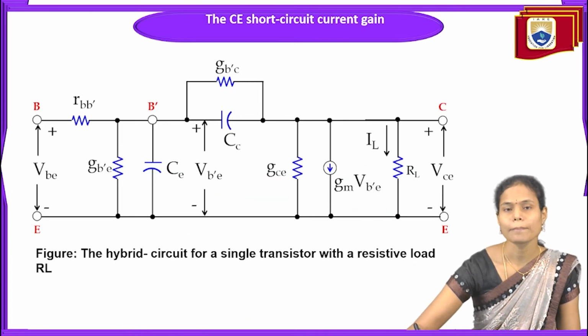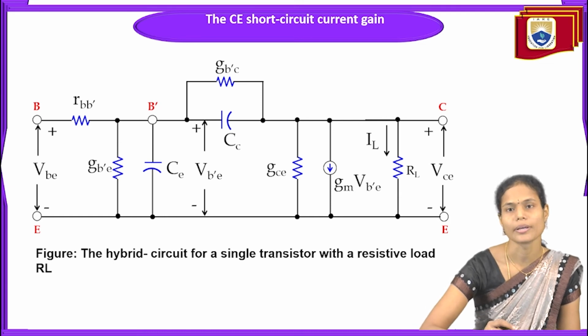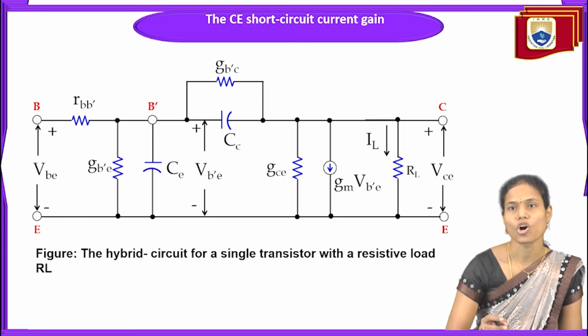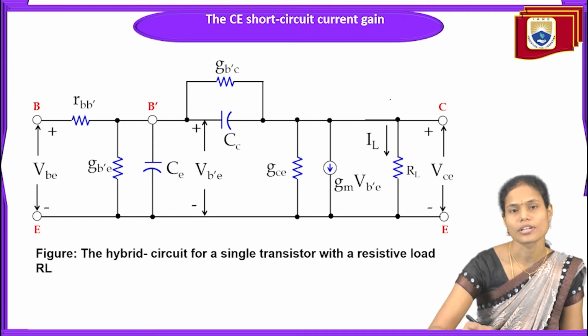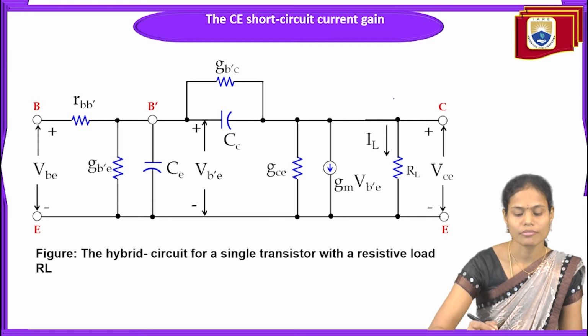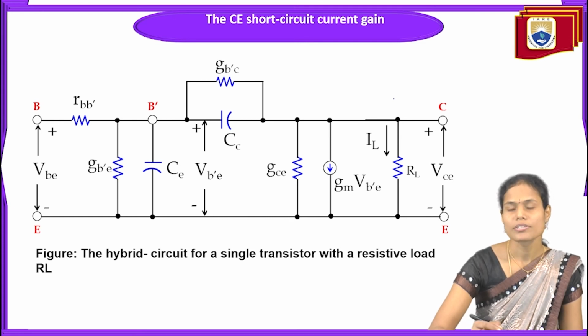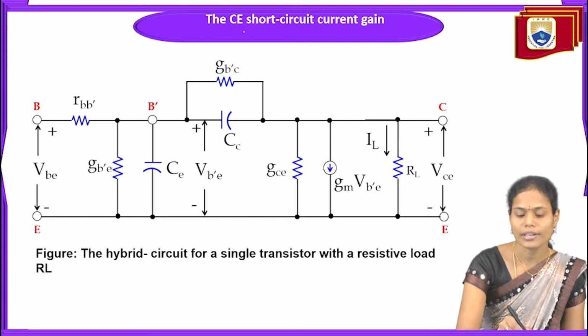That same Miller's theorem I am going to apply for this hybrid pi model of the common emitter transistor. This is the hybrid equivalent circuit of the common emitter transistor with all resistances, conductances and capacitors. Here we are going to calculate short circuit current gain.